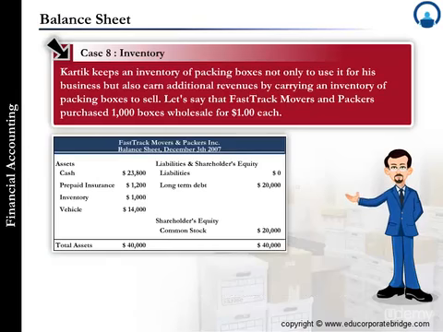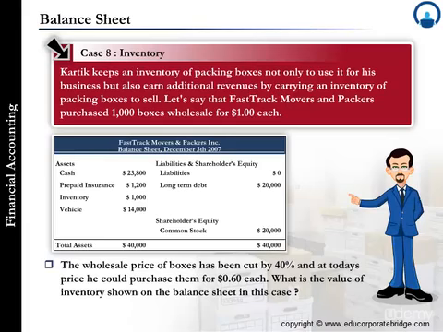Scenario 2. Let's say that since the time Karthik bought inventory, the wholesale price of boxes has been cut by 40%, and at today's price he could purchase them for $0.60 each.